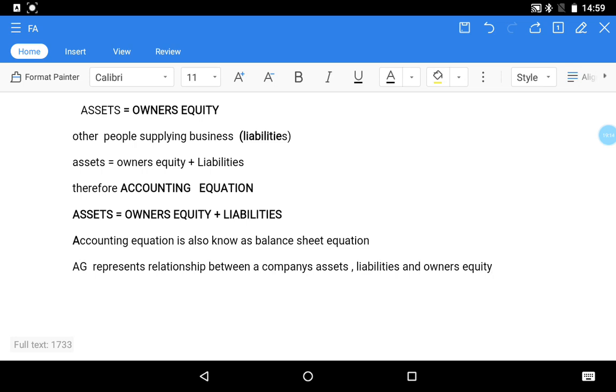It represents the relationship between the company's assets, liabilities, and owner's equity.